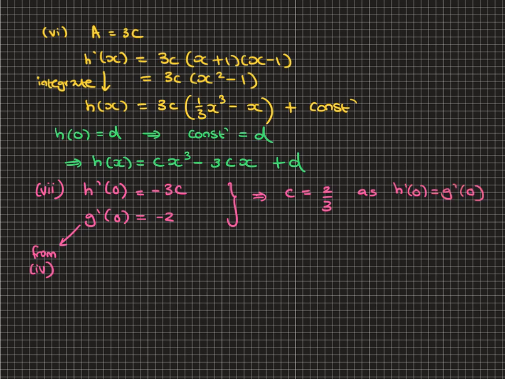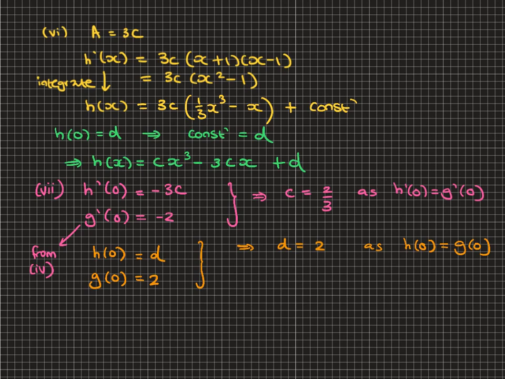Now, what else do we know from earlier on? We were also given the information h of 0 is equal to d, but we also know that g of 0 equals 2. So from here, this tells us that d would equal 2, because of course if the two functions are equal, h of 0 would have to equal g of 0.